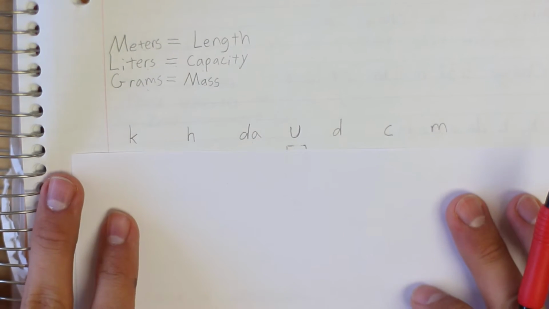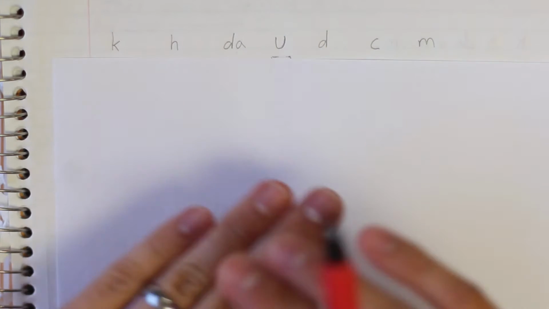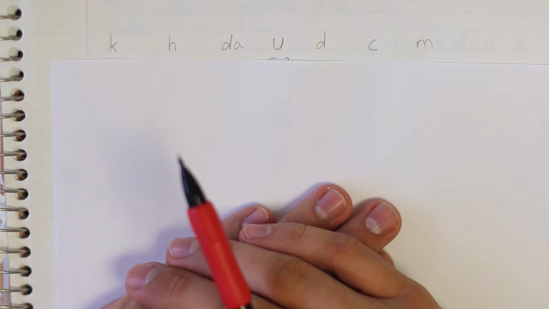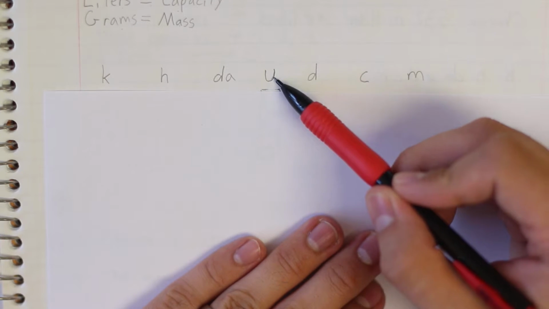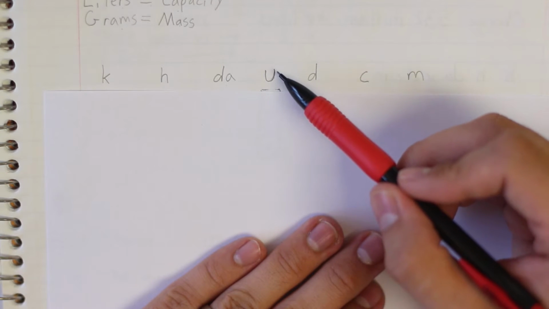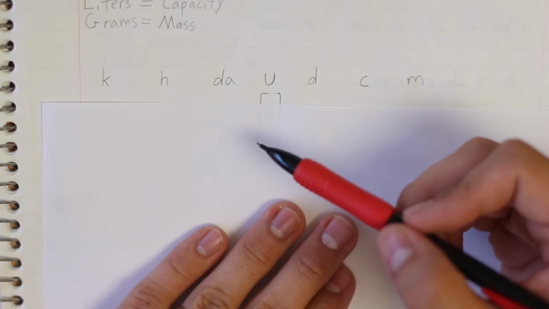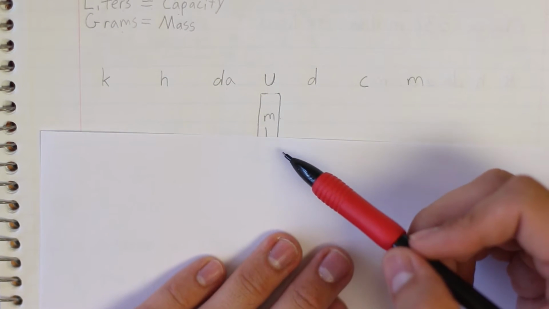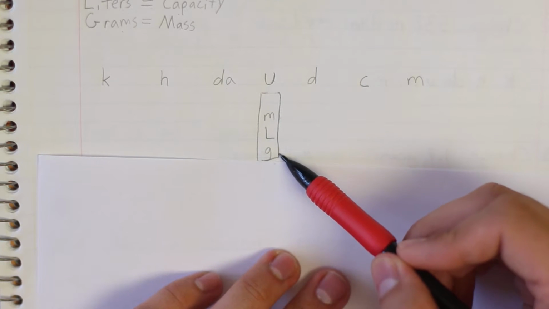Kind of a reminder of some of these things is this. This is a layout of how the metric system works. You have the center here, U, which stands for units. And this changes depending on which unit you're using. You could be using meters, you could be using liters, and you could be using grams.